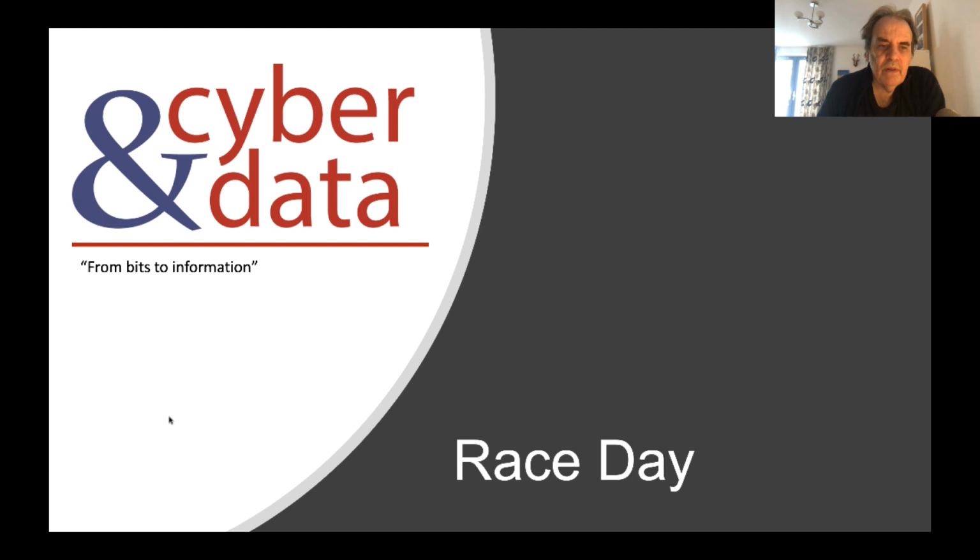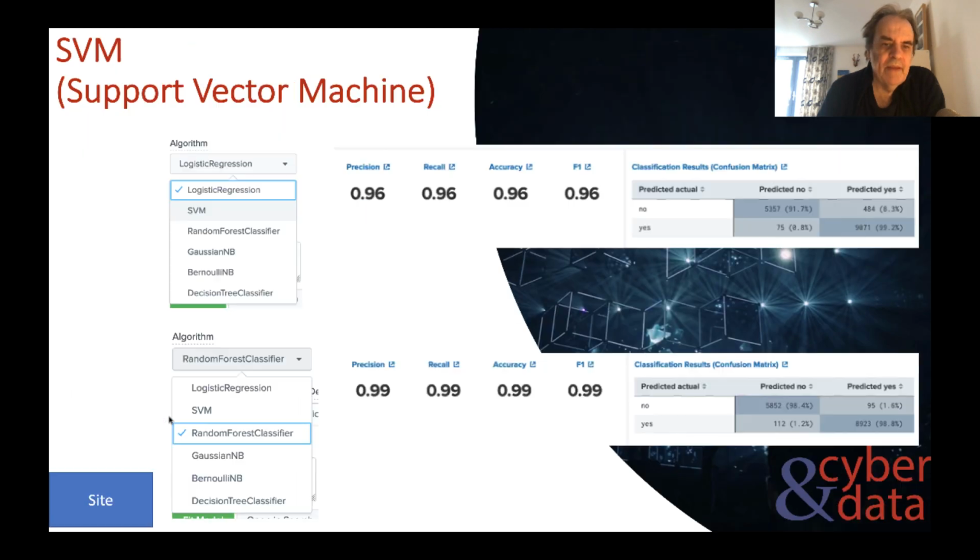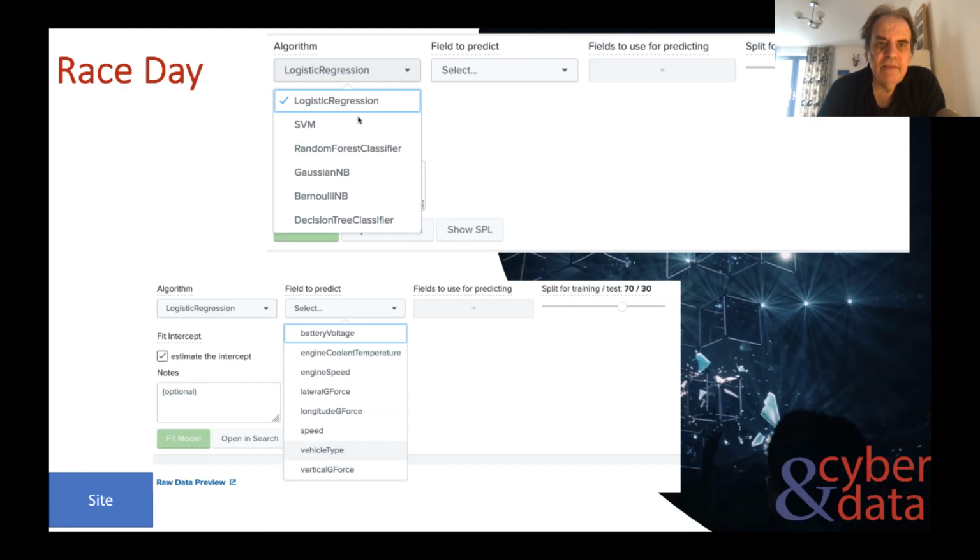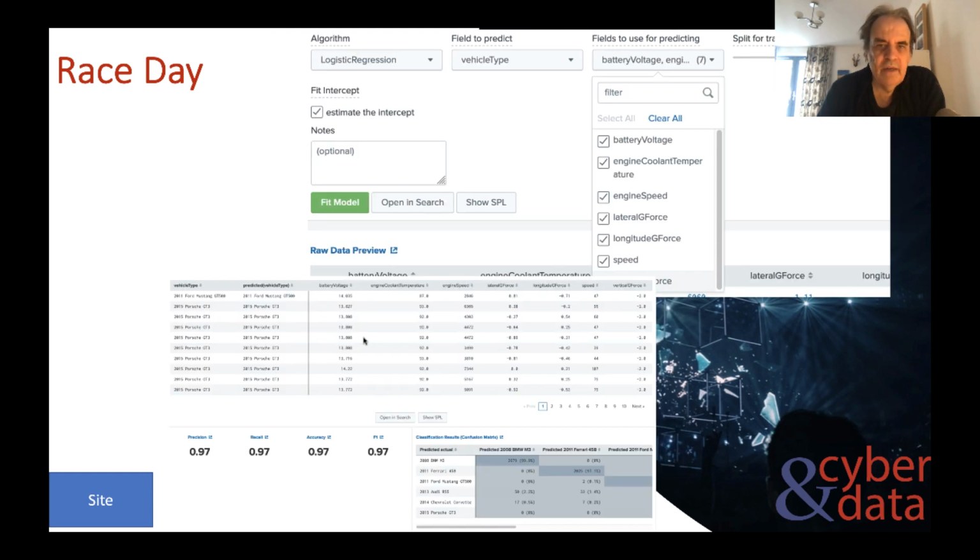Okay, so we'll open up our data set, and this time we'll use logistic regression again, and we'll predict vehicle type.